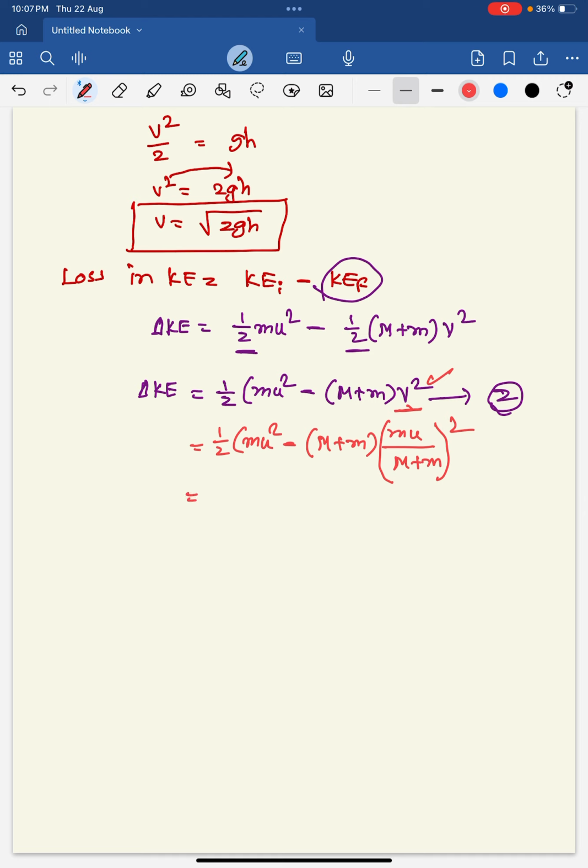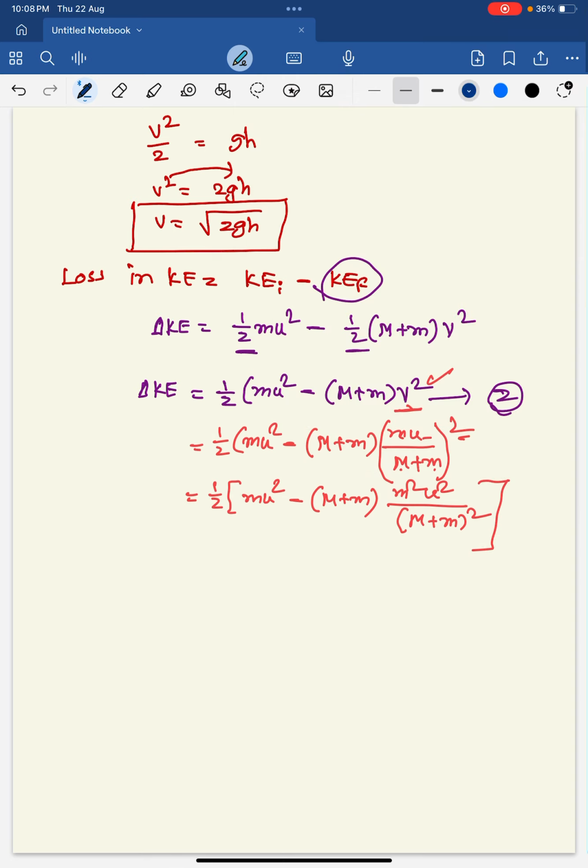Now I'm writing the next step: half into mu square minus capital M plus small m. So m into square means m square, u into square means u square, divided by capital M plus small m whole square. This is the expression I got.